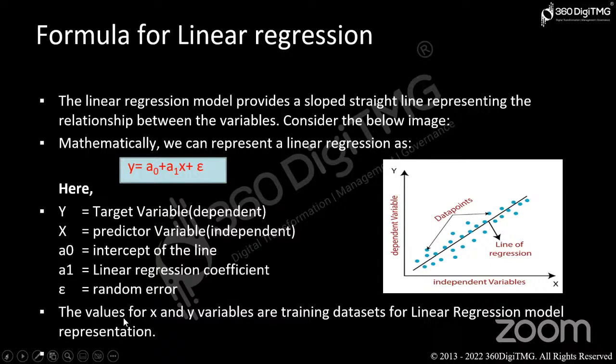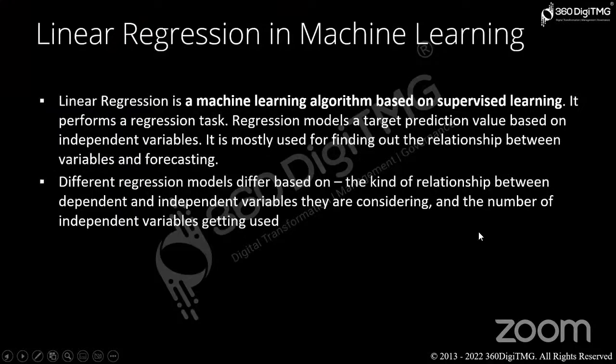So the values of x and y variables are training data sets for the linear regression model representation. You can see this figure, how the dependent variable is changing with respect to the independent variable. So how does linear regression work in machine learning?